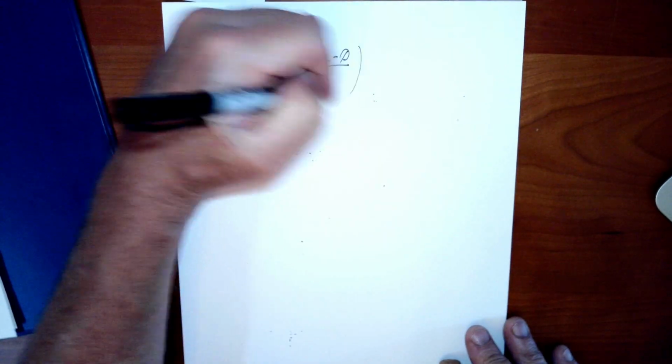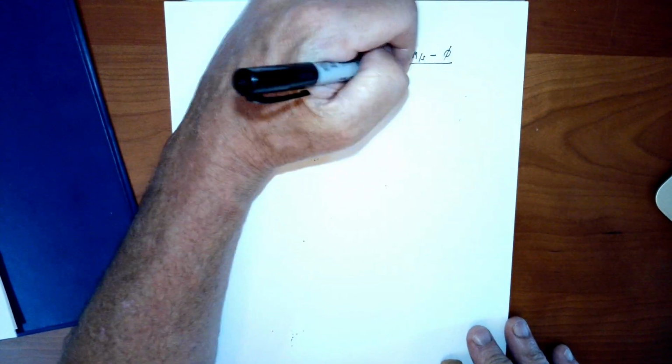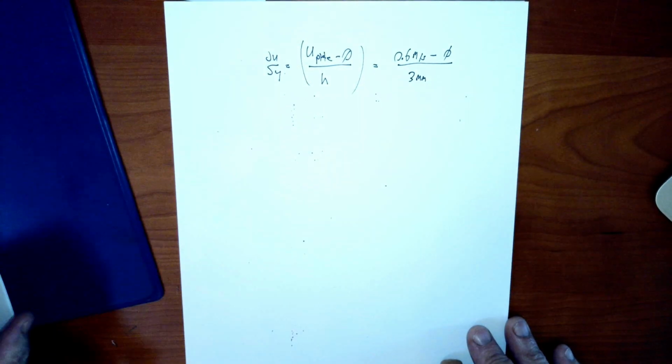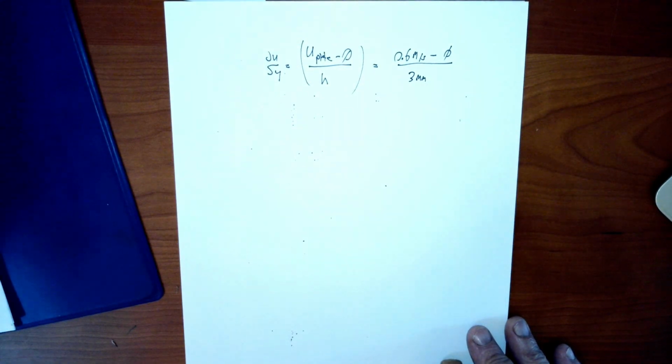We saw this before. In this case, the u of the plate is 0.6 meters per second, 0 is still 0, and the gap thickness is now 3 millimeters. Obviously, you've got to be careful with your units here.